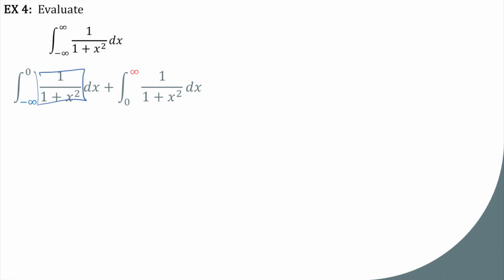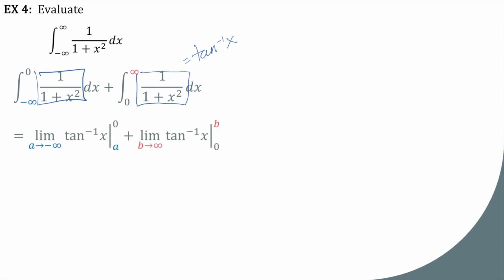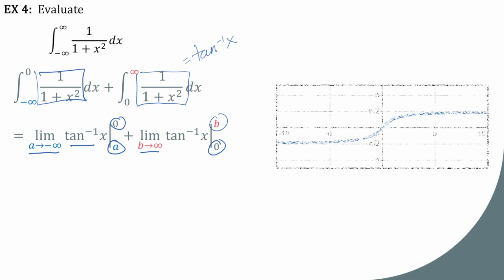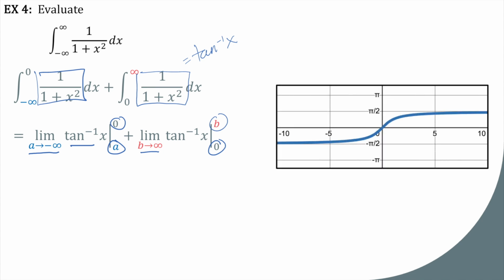Well, this is a recognition thing. The antiderivative of 1 over 1 plus x squared is tan inverse x, okay? And then we'll put the limit back onto it. So the limit as a approaches negative infinity, tan inverse x from a to 0. The limit as b approaches infinity, tan inverse x from 0 to b. This one's easier if you can see tan inverse of x.